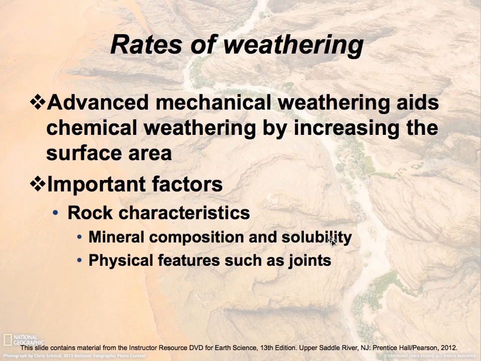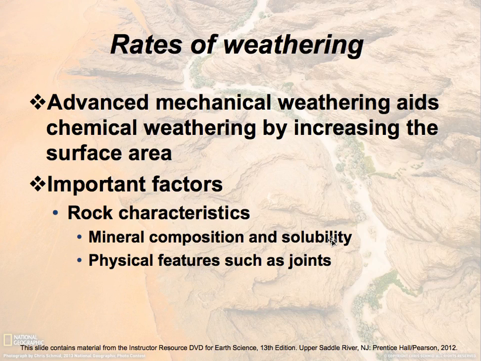Mechanical weathering and chemical weathering work in conjunction, especially considering that mechanical weathering increases something called surface area. That is how much of a surface of a rock is exposed to weathering forces. Different rocks weather differently. Minerals that make up rocks can vary in composition and reactivity or solubility.